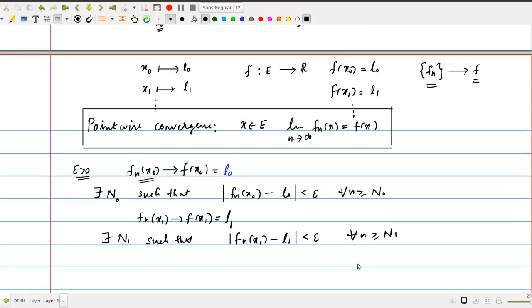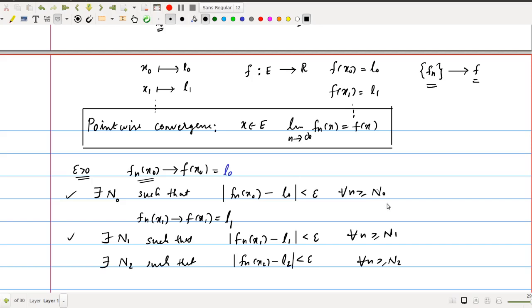If E contains exactly 2 points, then you can take the maximum of n0 and n1 and fix a common n, for which we can expect these two conditions to hold. If E contains another point x2, then we have n2 such that modulus of fn of x2 minus L2 is less than epsilon for all n greater than or equal to n2.